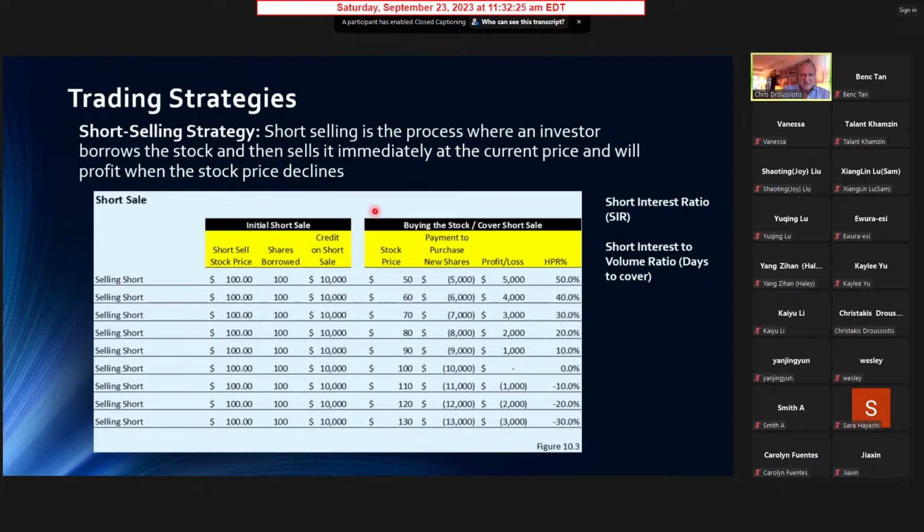One way, and the most expensive way, is selling short the stock. Selling short is the process where an investor borrows the stock from someone else, sells the stock at the high price, and when the stock goes down, they buy back the stock and give the stock to the previous owner.